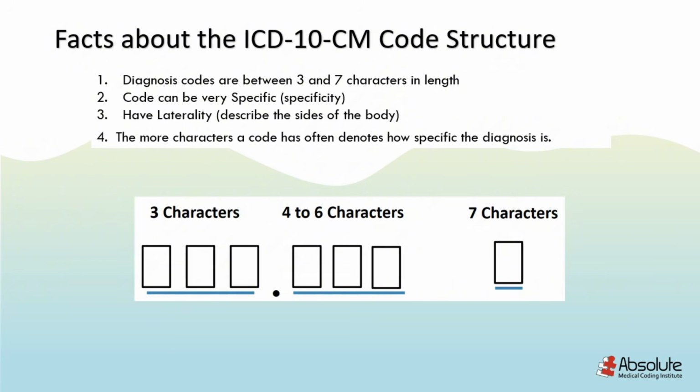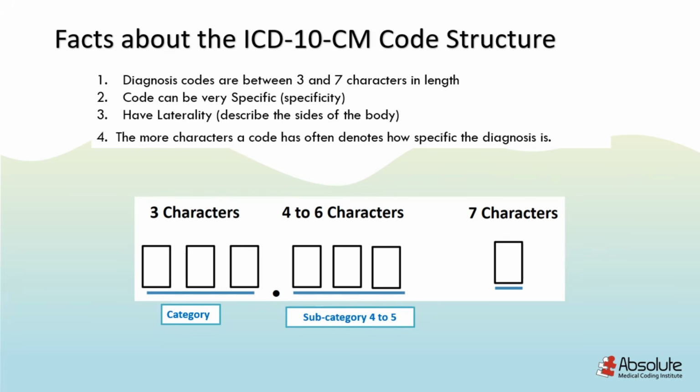Now, if you look below, you see the code structure. The first 3 character spaces, this is called a category code. In fact, every single code must have a minimum of 3 characters. And the first 3 characters of a code is called a category code. And if a code only has 3 characters, it's a category code. Next, the 4th and 5th character space.